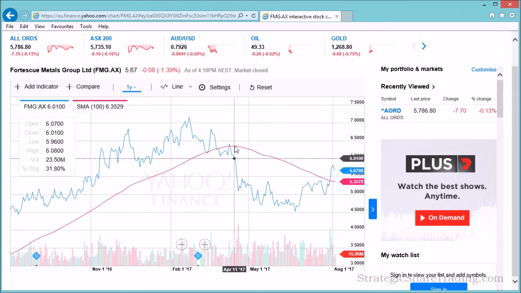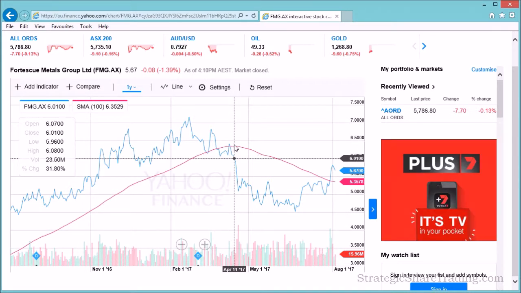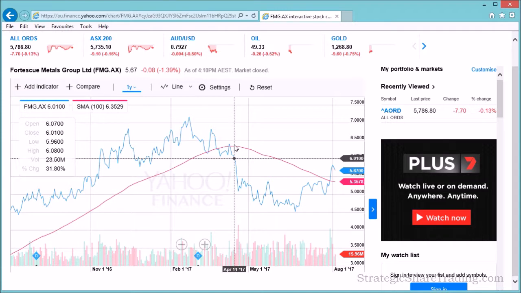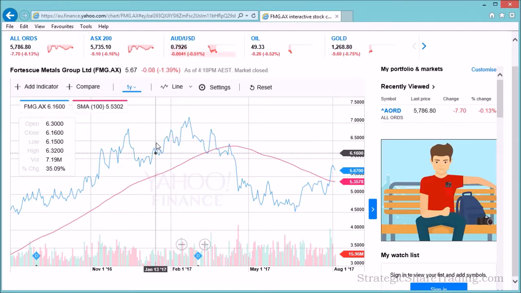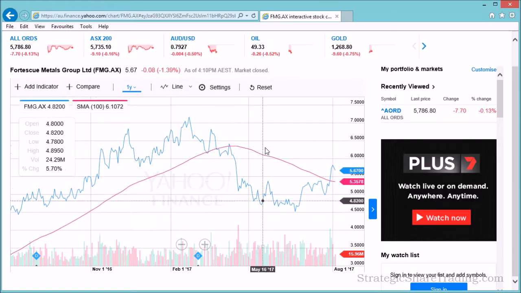And if you were to take, let's say, this point here, where the line has a peak, the value there would be the average over the 100 days prior to that point, and so on. So as the share price goes up and down, the average over 100 days goes up and down as well.